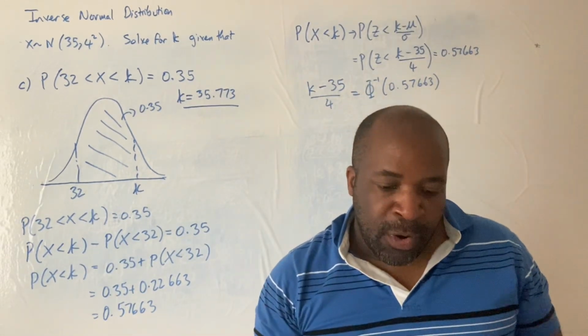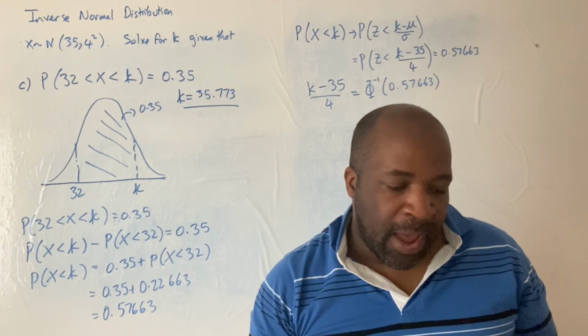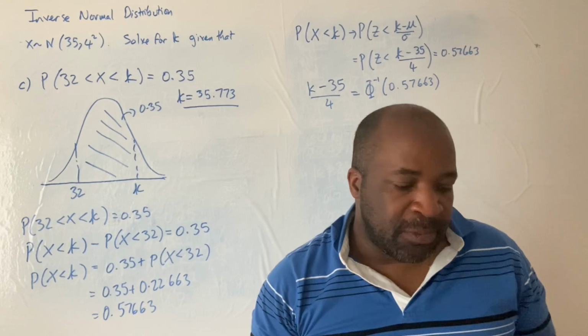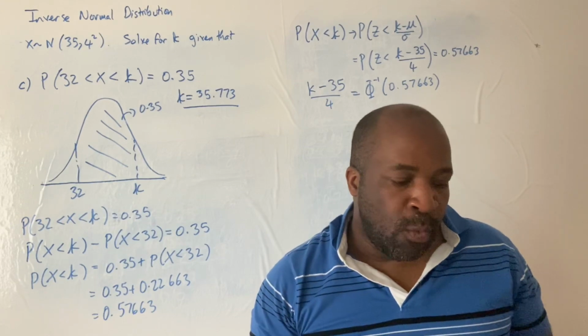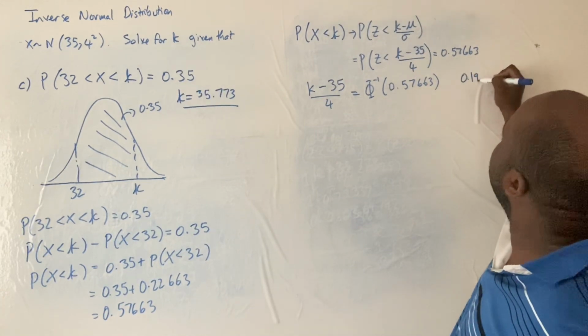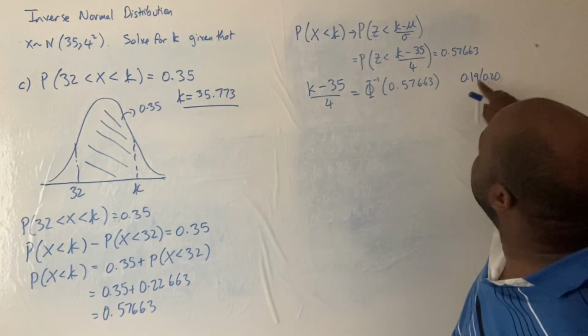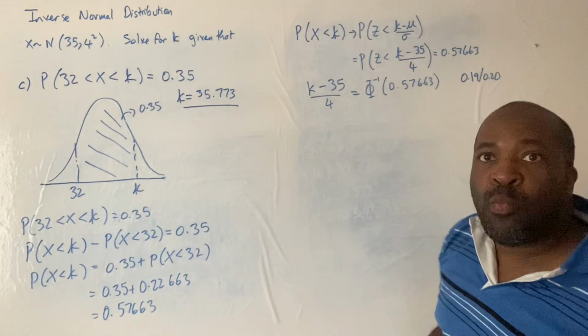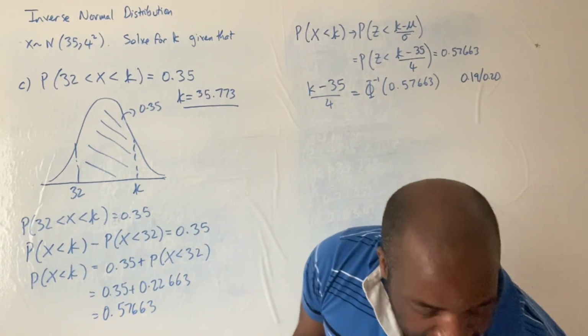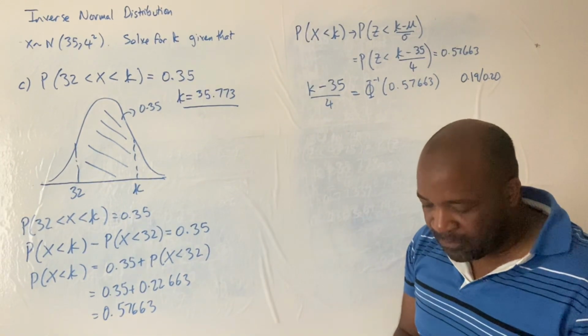So we look for 0.57663, and we're going to get between 0.19 and 0.20. When we're working this out, we would use 0.19 as the appropriate value. And then let's just check the actual value.